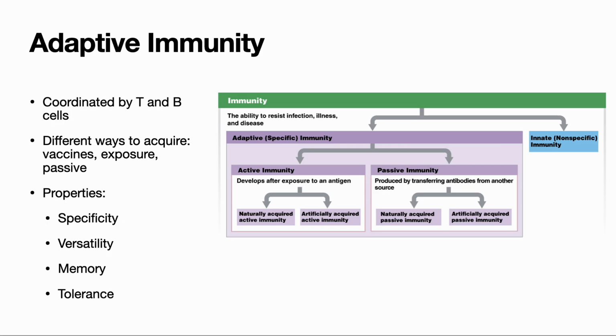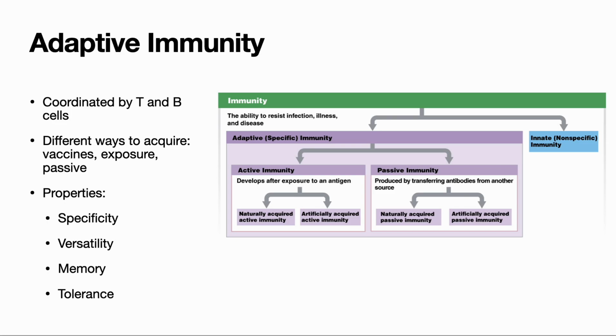But before we even dig into that, this is a great time to just remind you that when it comes to specific immunity, there's two ways we can actually get that immunity. We can get it actively or passively. So what we're going to focus on today is active immunity. Before we get into it, let's just really quickly touch base on what passive immunity is. Passive immunity is when antibodies that target a particular pathogen are transferred from one source to another.